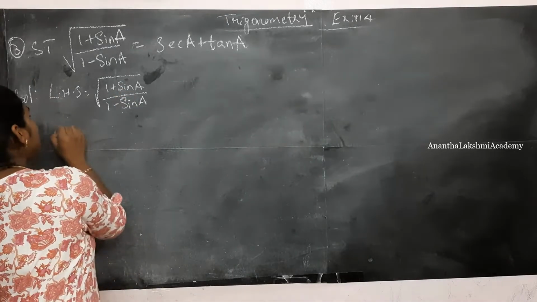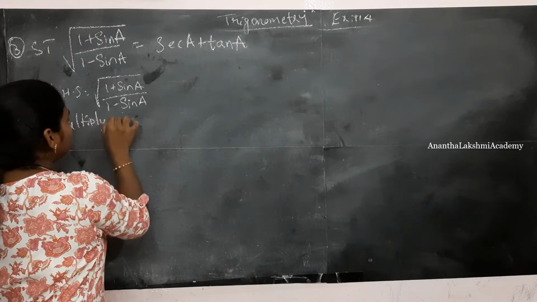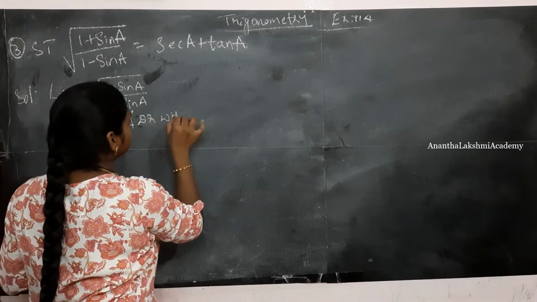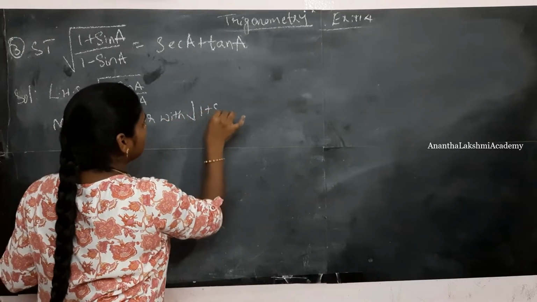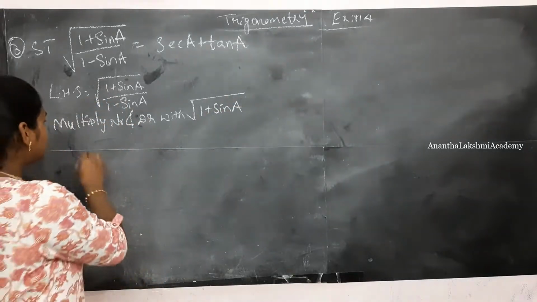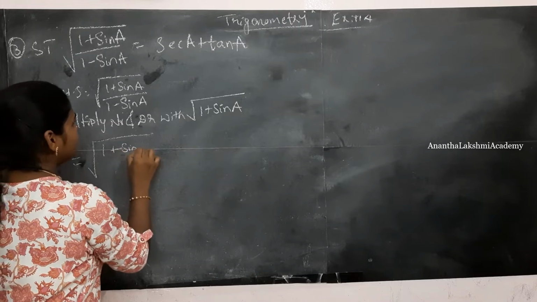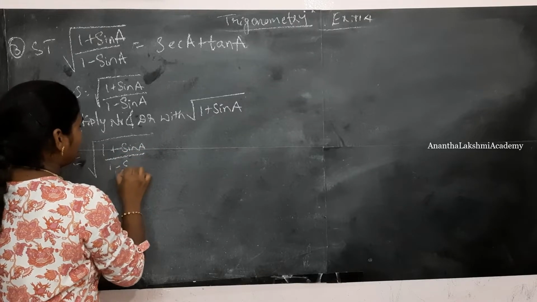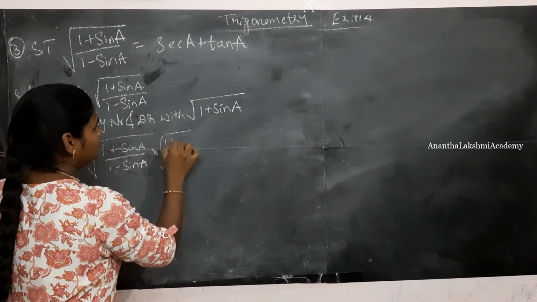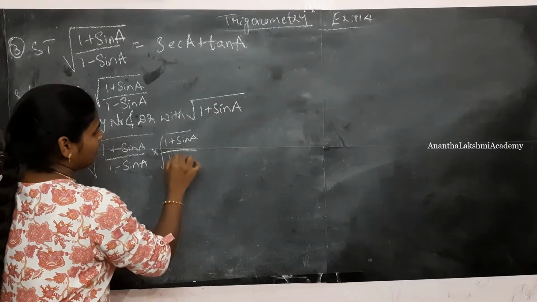Okay, let us multiply numerator and denominator with under root of 1 plus sine a. Okay, let's do this. 1 plus sine a by 1 minus sine a multiplied with under root of 1 plus sine a by 1 plus sine a.